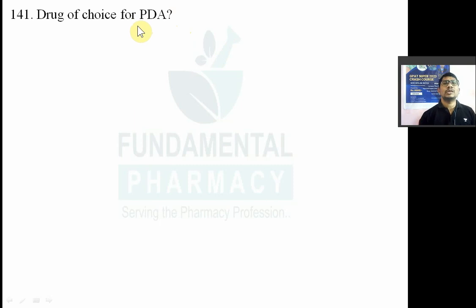There are two treatment strategies for this PDA. First, it can be treated by using drugs. And the second strategy is there: if it is not getting treated by drugs, then you have to correct it by surgical intervention, by a surgical procedure.